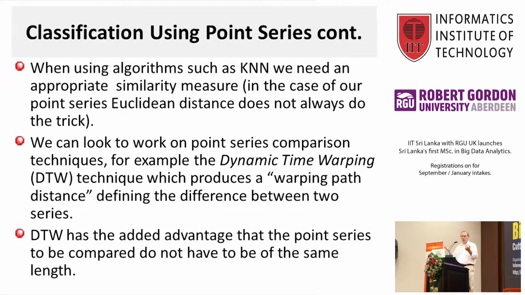And essentially what you're doing is you're allowing for variance in the time series. And it has the additional advantage it can be used for curves that are different lengths. So we can use histograms of local binary patterns to generate curves.